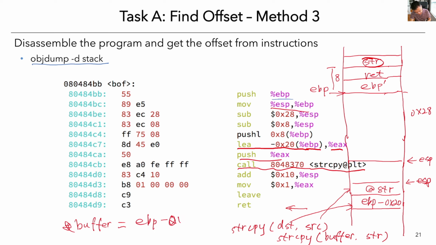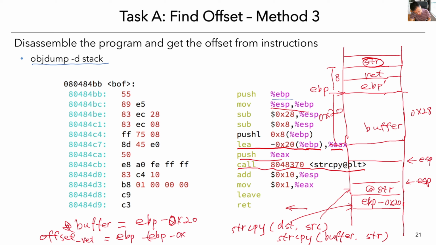So here is EBP, and this is the buffer, so the offset is 0x20. So the offset of the return address will be EBP minus (EBP minus 0x20) plus 4, which equals 0x24.